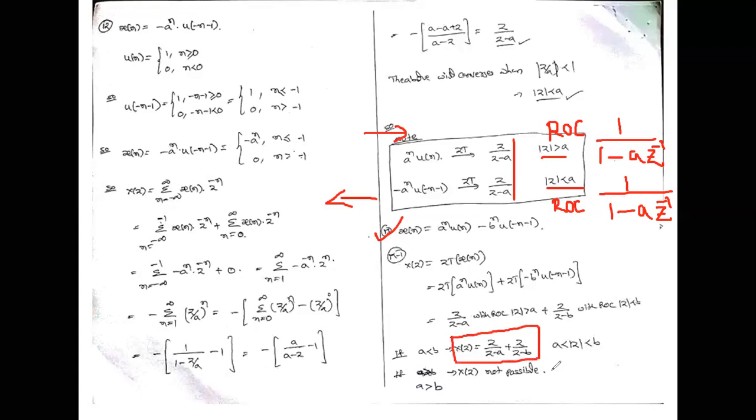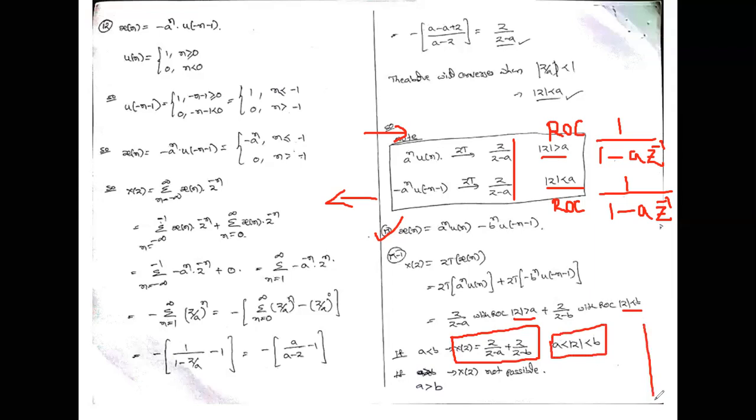But what is the ROC? For one function it is greater than and for the other it is less than. So combining the two functions, a is less than mod z and mod z is less than b, which means mod z is greater than a and mod z is less than b. So the ROC is in between a and b.